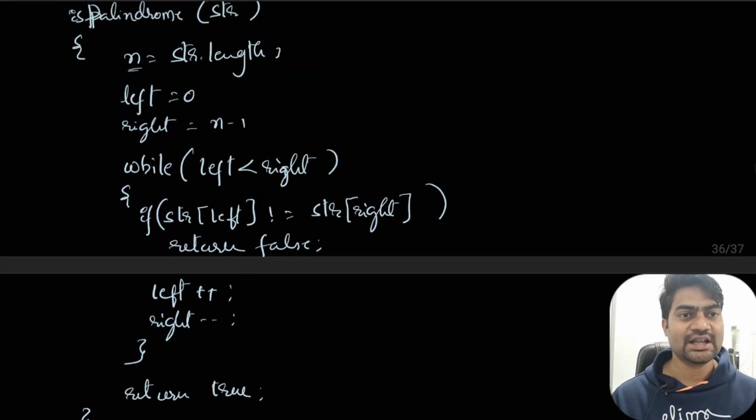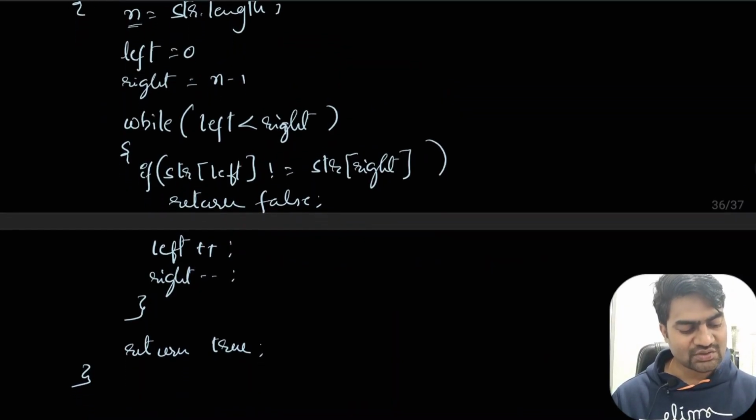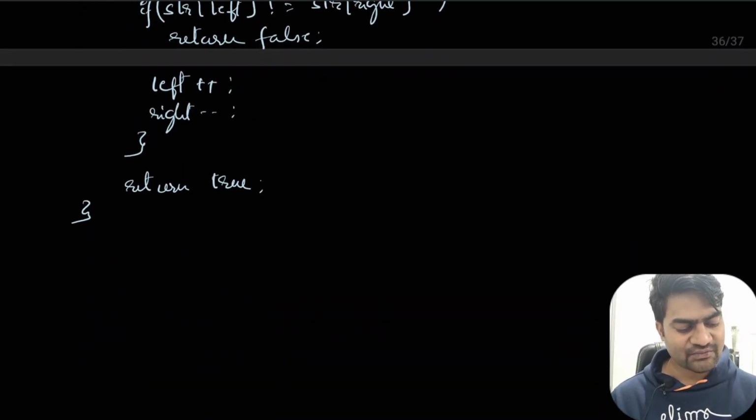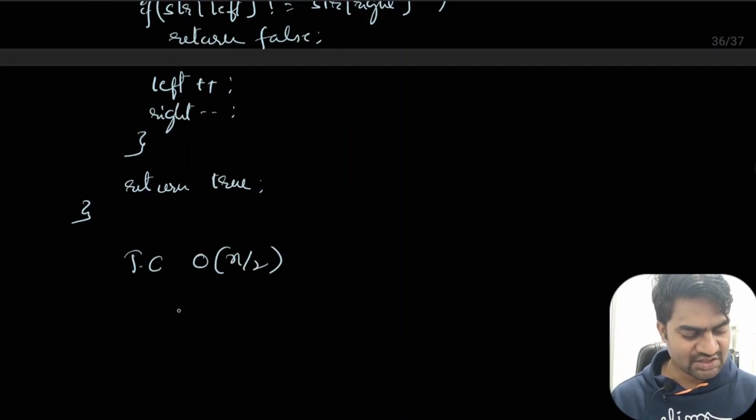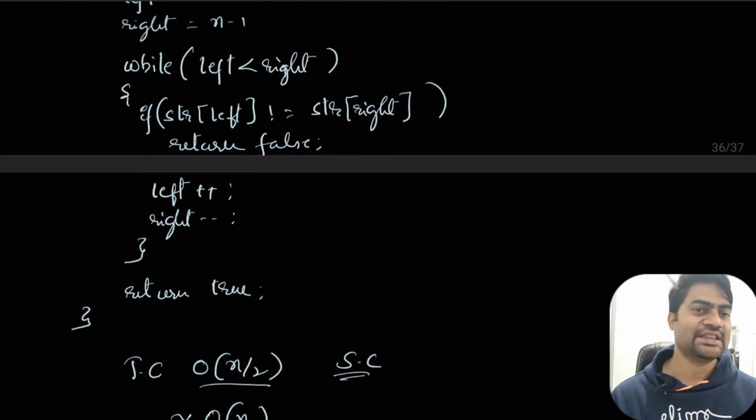If you see here, we almost took only half of the time. So time complexity will be of order n by 2, but eventually we write it as order of n. But if you see space complexity, we are not using anything extra.